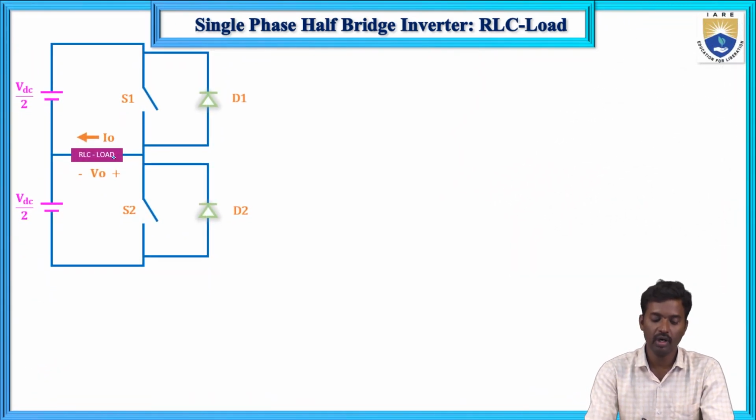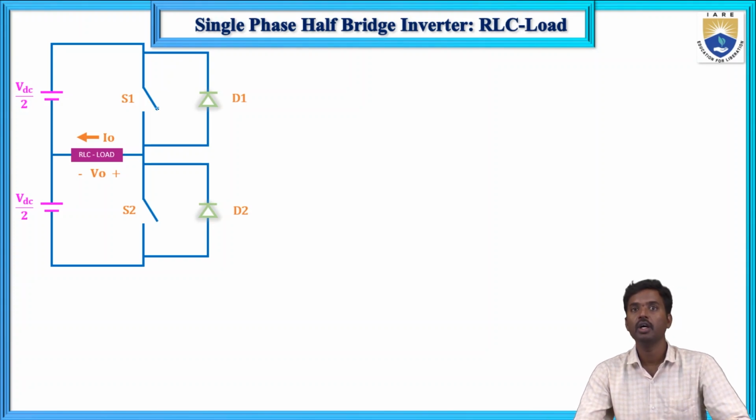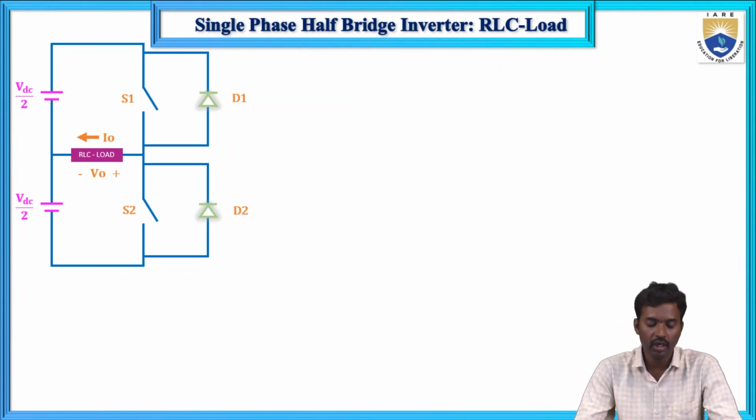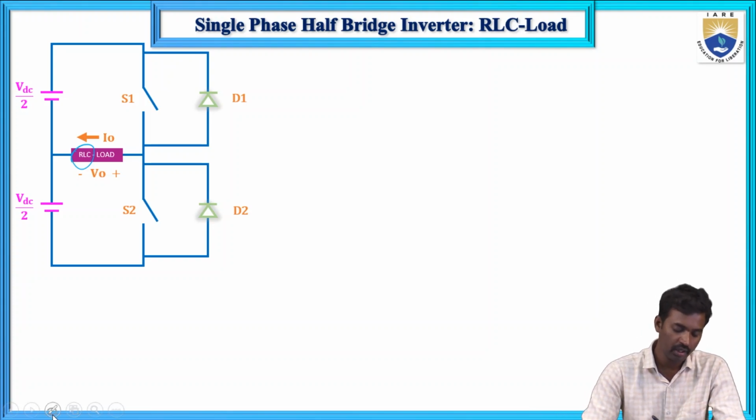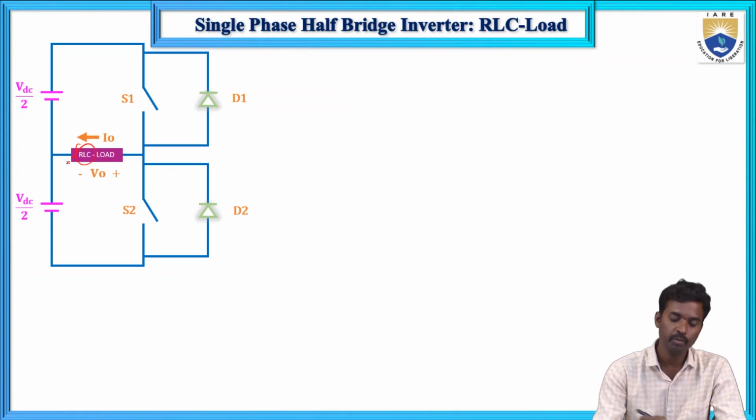And next here, for RLC type of load, how will you calculate? Here I am changing the output voltage. In the previous lecture we discussed R type of load, but here it is RLC type of load.